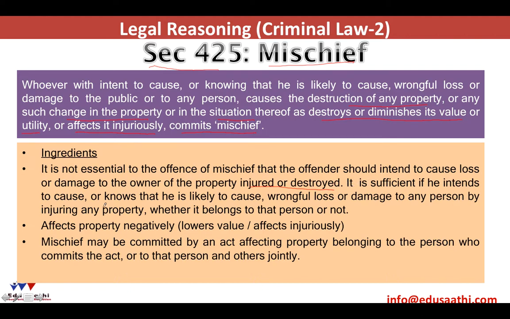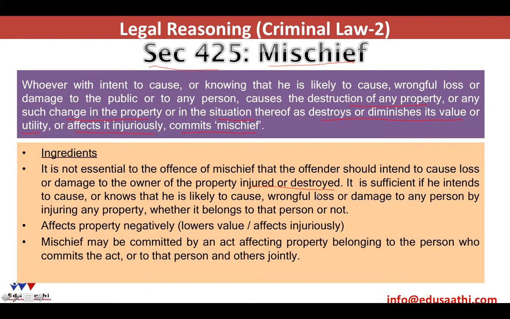It is sufficient that he intends to cause, or knows that he is likely to cause, wrongful loss or damage to any person by injuring the property, whether it belongs to that person or not.